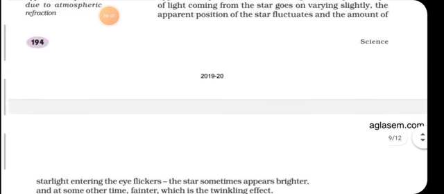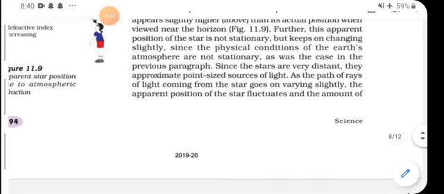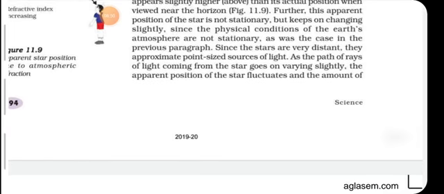Students, this is one of the most important give-reasons of this chapter. Why do stars twinkle at night? Please note that since the stars are very distant, they approximate point-sized sources of light.